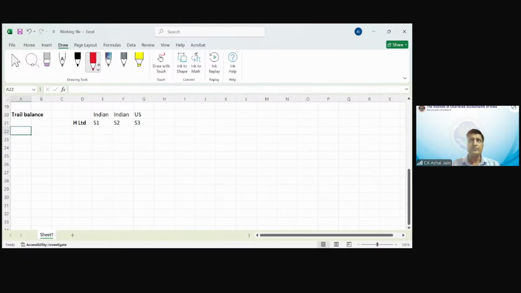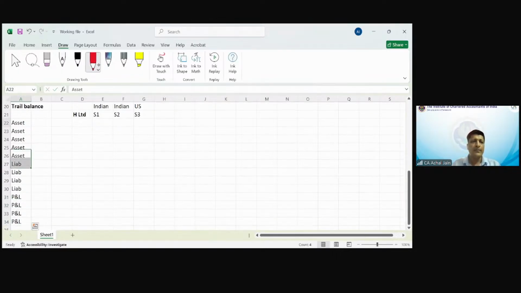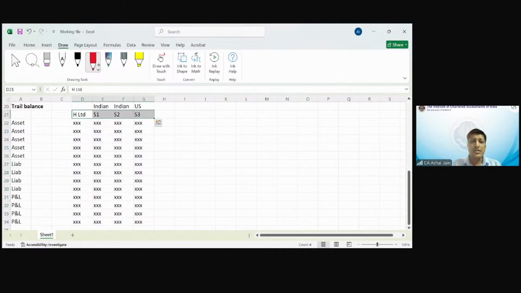If you look at the trial balance, there will be various assets, various liabilities, and various items of P&L. When the consolidation is required, as we discussed, because these are subsidiaries, line by line addition is required.